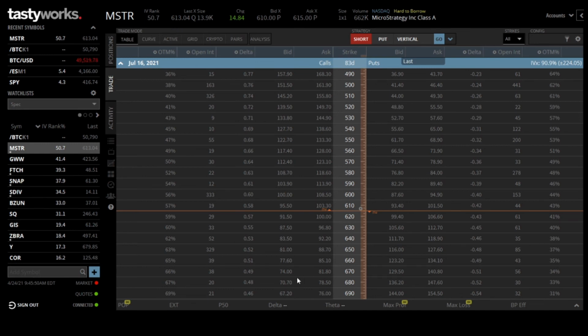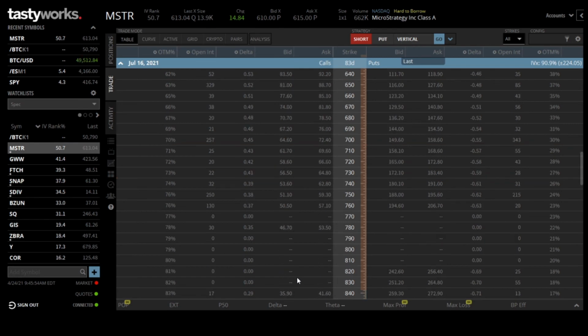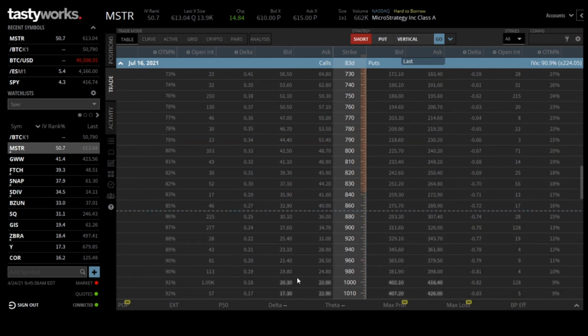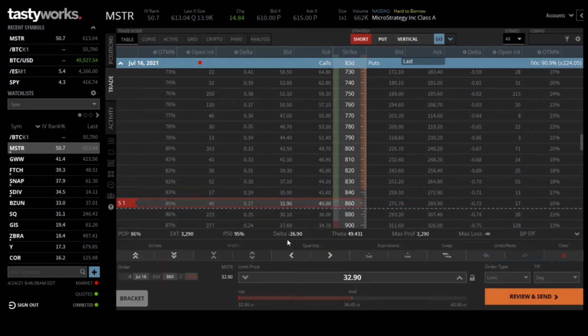Then if you sell a covered call, you can still get a pretty decent return. Let's say you sell the 860 call, and assuming you can get filled at the mid price, you can collect about 3,645.